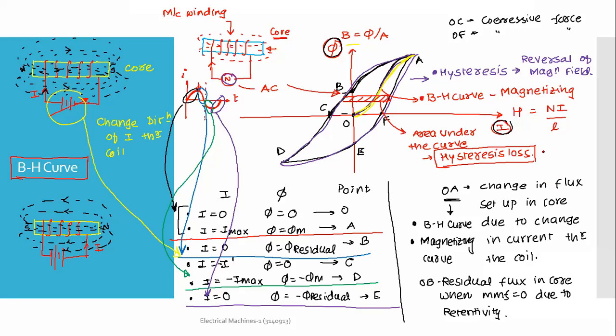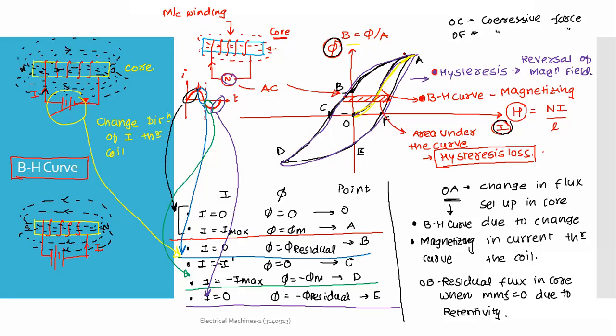So am I clear? What is the difference between hysteresis and BH curve? BH curve represents the magnetizing of any core. If you want to set up a specific value of flux in the core, what magnetizing force do you need to apply? That is the magnetizing force applied versus the flux set up in the core. That is the BH curve.